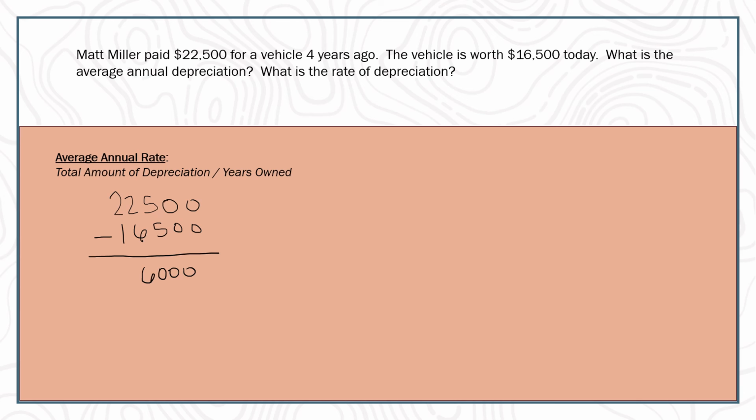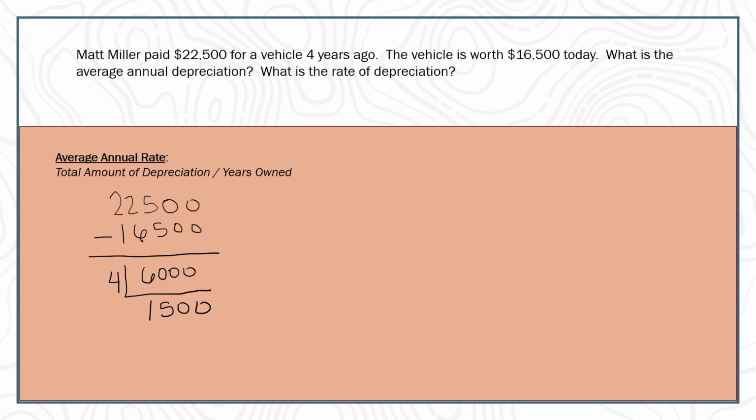That tells me what my total amount of depreciation is. I can divide that now by 4, and I really like to divide down. So to do that, I'm just going to put it kind of upside down here, and I'm going to divide by 4. And when I do, that gives me $1,500 per year. That means I used up $1,500 per year if I look at an average of the 4 years I've owned it.